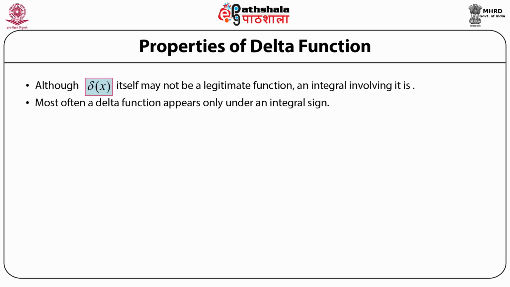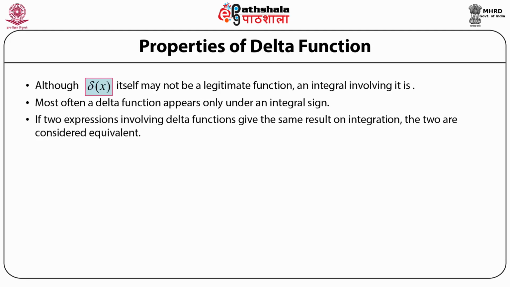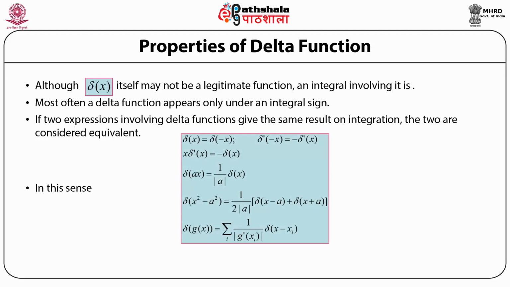Another important property of the delta function is that if we have two expressions which involve this delta function and which upon integration give the same result, then the two expressions can be considered as equivalent. In this sense, we can define the following identities.